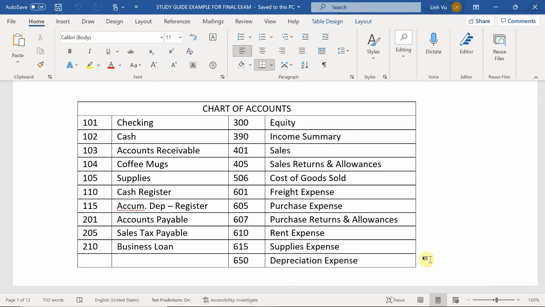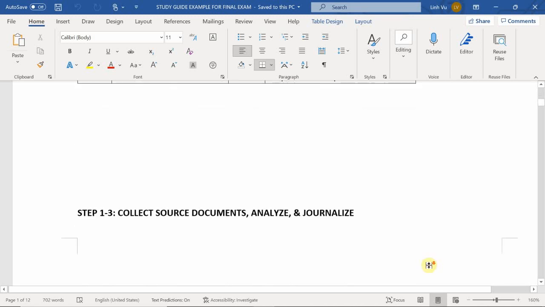So business loan and checking? Not checking, because I borrowed cash. So cash, yes. Cash is 102. Business loan is 210. Okay.